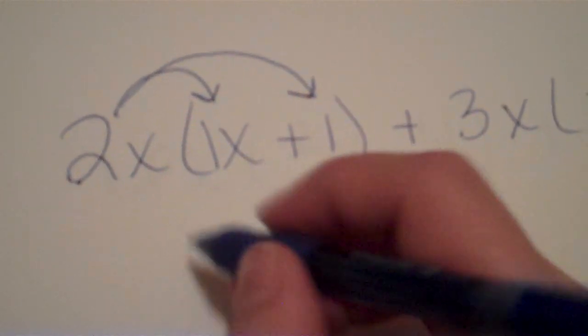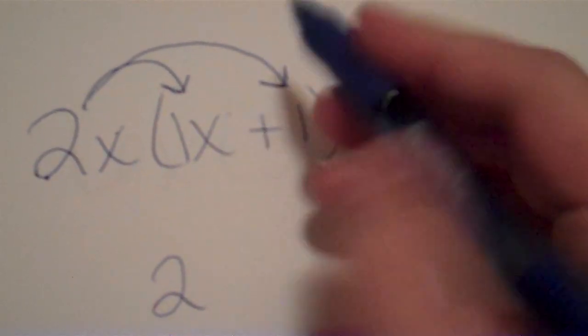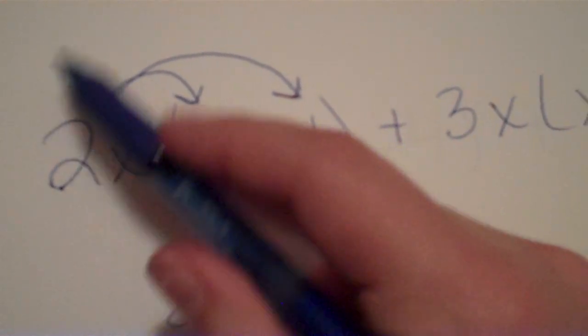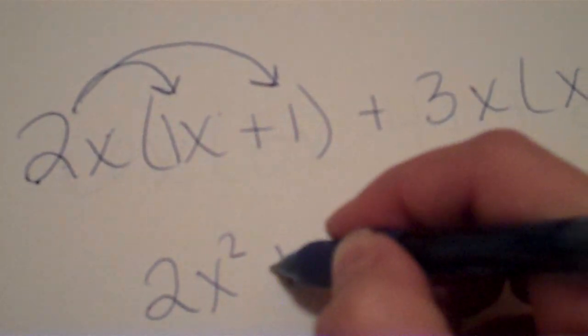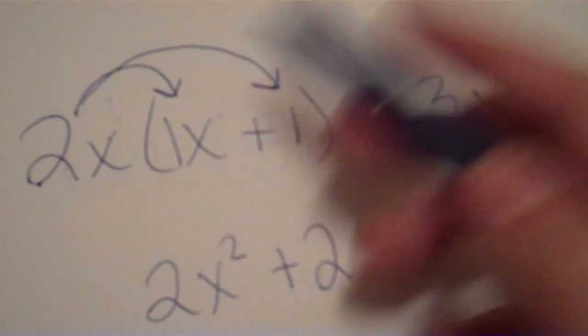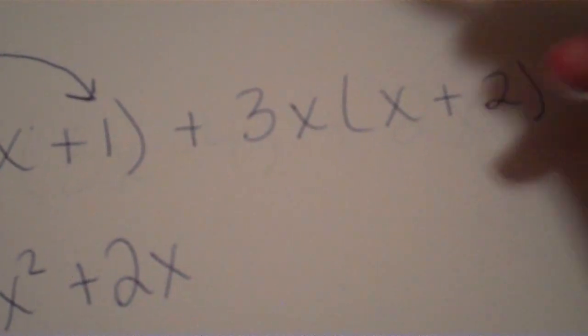2 times 1 is 2. 1 plus 1 is 2, so x squared. 2 times 1 is a positive 2. 1 plus nothing is just 1. Okay? Then we do this one.